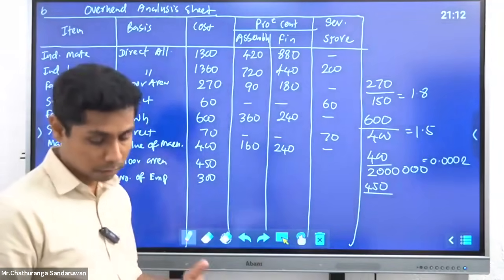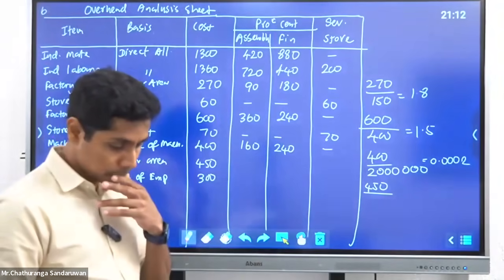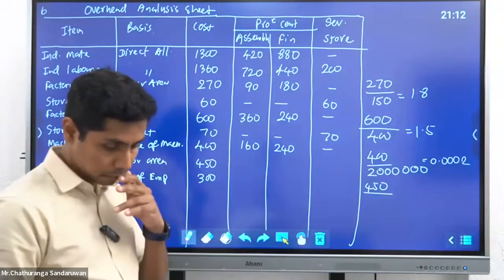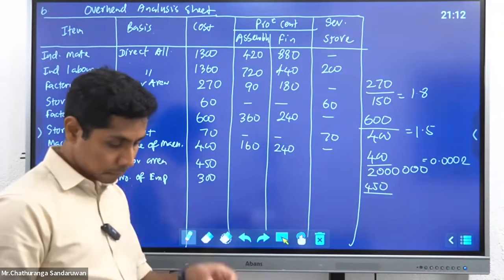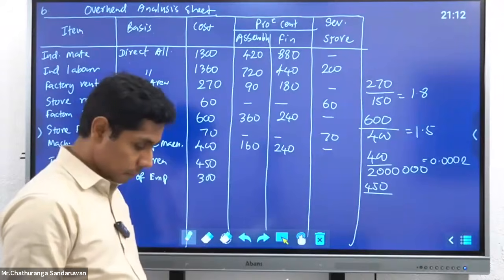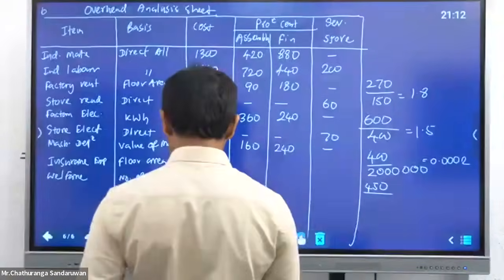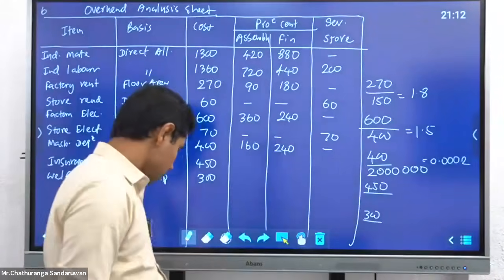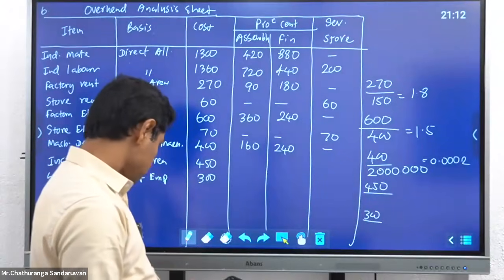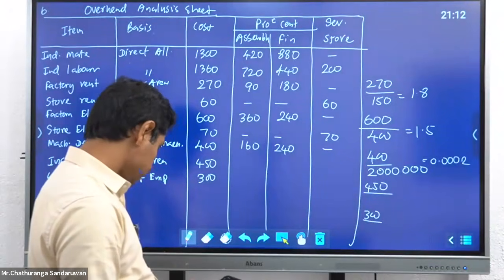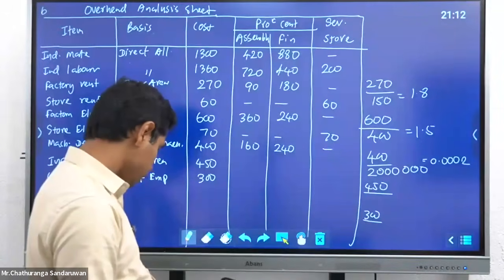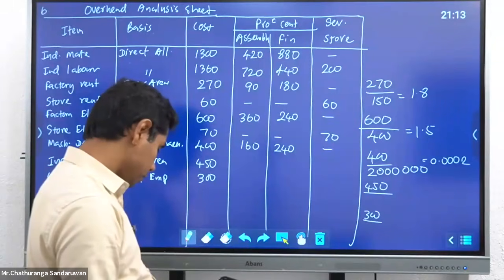Therefore, take the total. 10 plus 8 plus 12 plus 65 plus 42 plus 13.